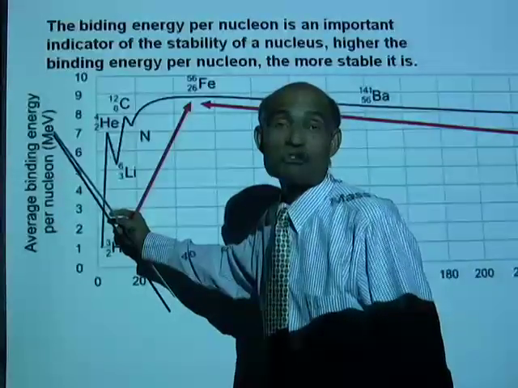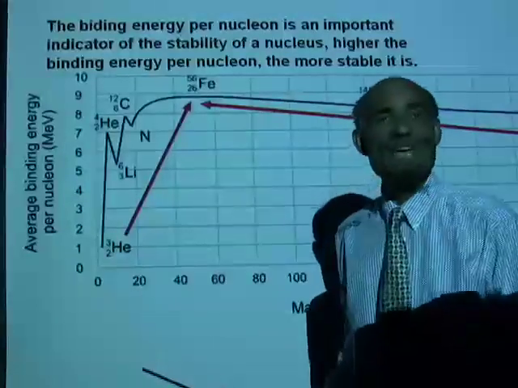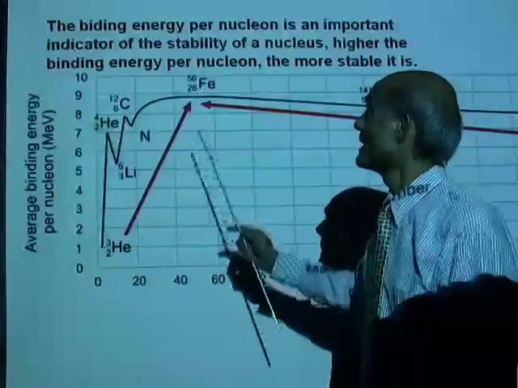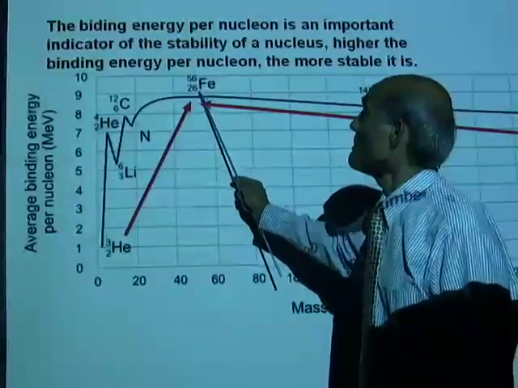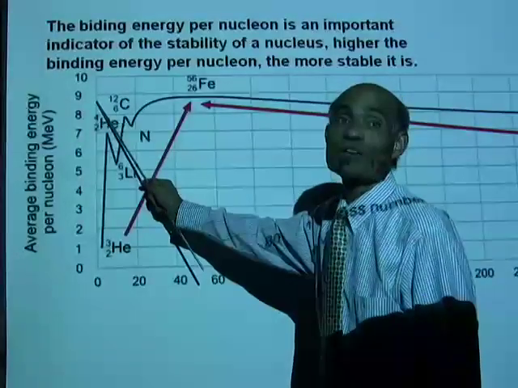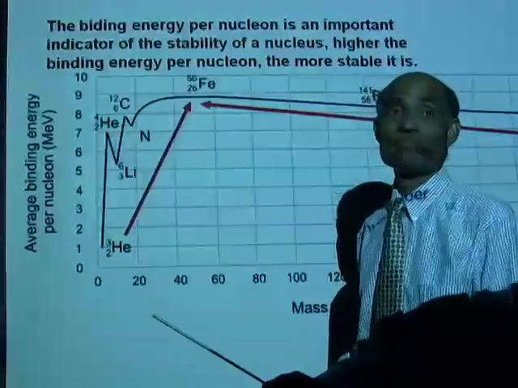Now you must get used to the electron volt. Iron, for example, is a very stable element. The nucleus of iron is very stable. The binding energy per nucleon is about 8.8 mega electron volts.